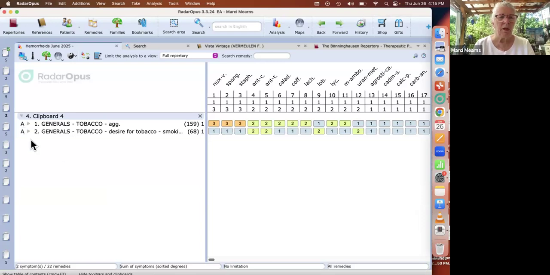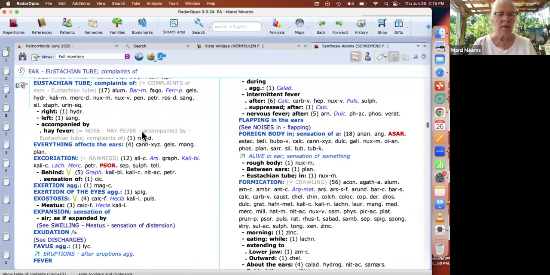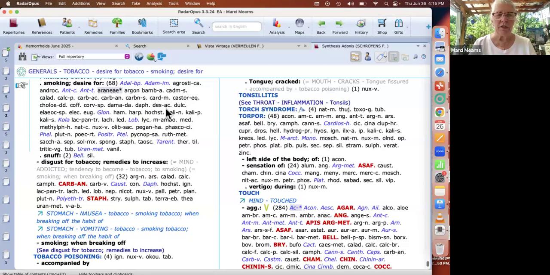Now, you'll notice that these are grouped with a big A or a letter A in capitals. Let's take a look at these 2 symptoms. We have it's in generalities, just as the food desires and aversions are. There's the desire for smoking. This is very strong for this patient. All right. Also, what I took was tobacco aggravates.